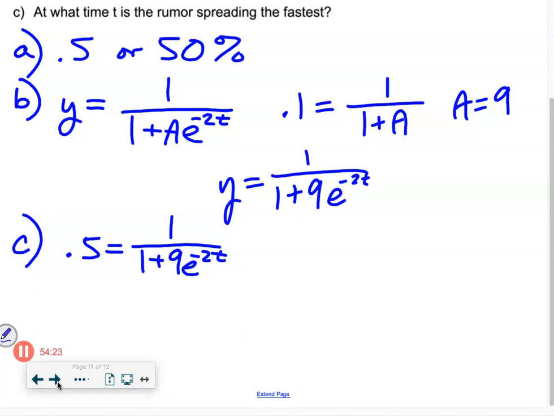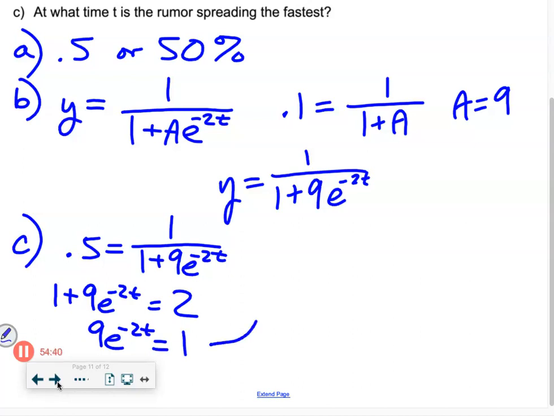I would go like this. 1 divided by 0.5 is 2, so I'd have 1 plus 9e to the negative 2t equals 2. 9e to the negative 2t equals 1. Coming over here. E to the negative 2t equals 1/9.